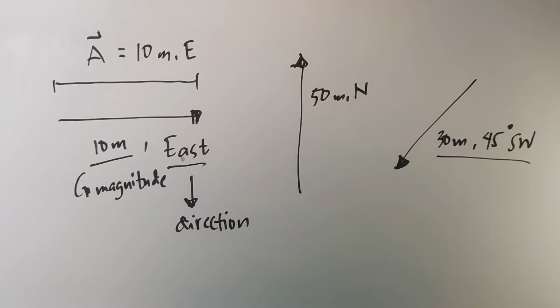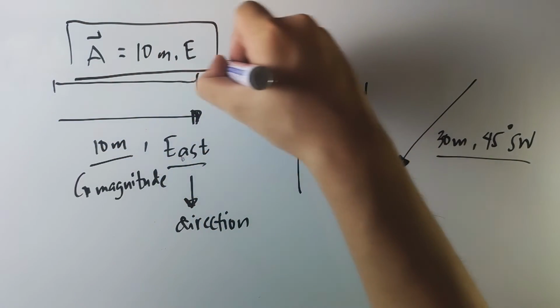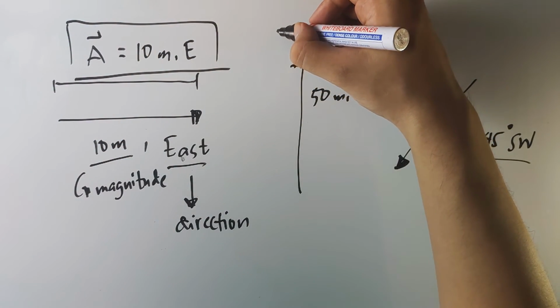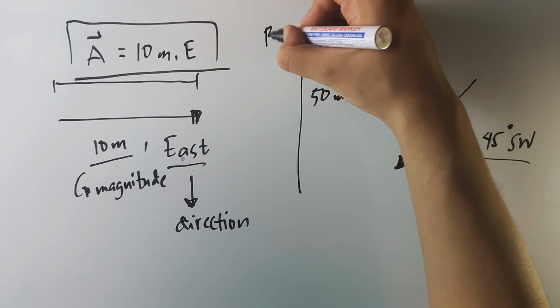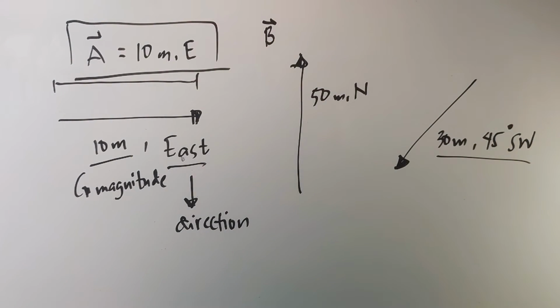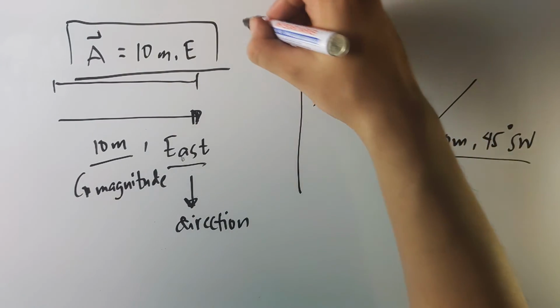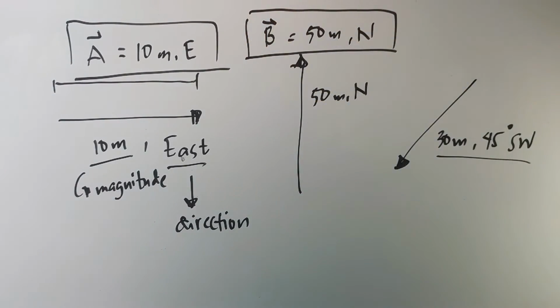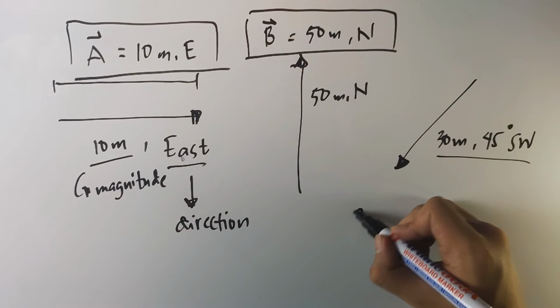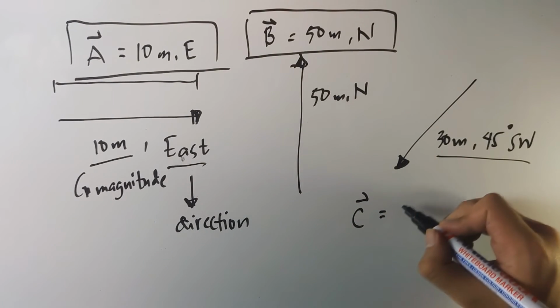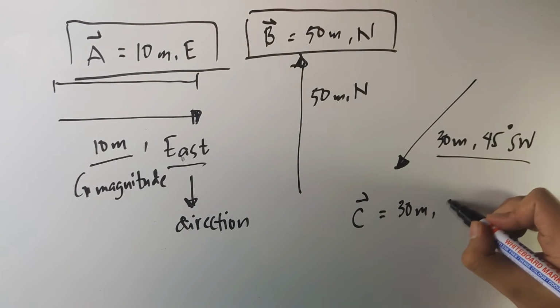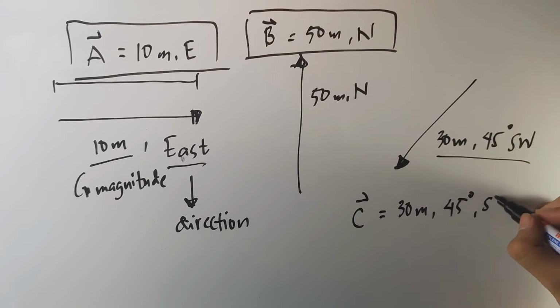Next, let's say this is vector B. Our vector B is 50 meters going to the north. Then for our vector C, that would be 30 meters, 45 degrees southwest.